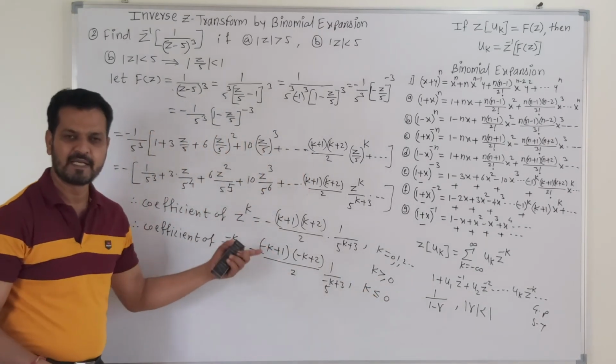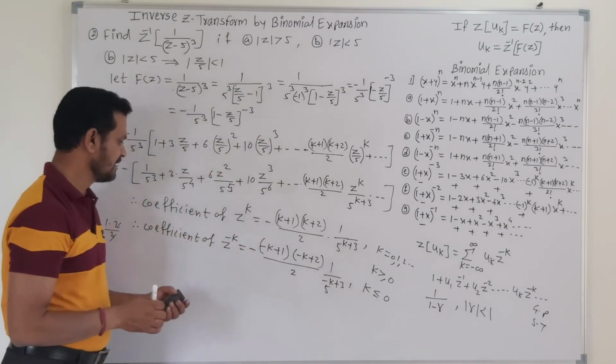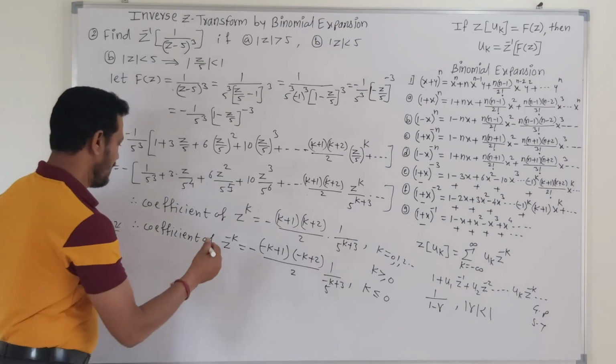So because after multiplying by minus sign, this inequality sign will get changed. Now friends, this is the value of coefficient of z raised to minus k.